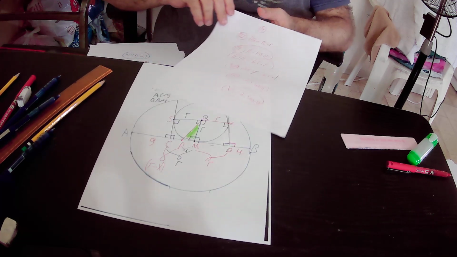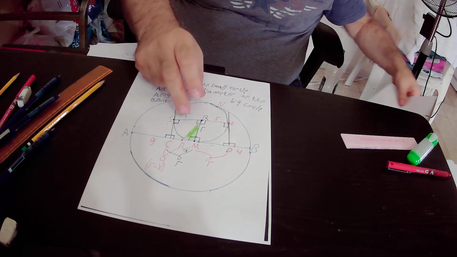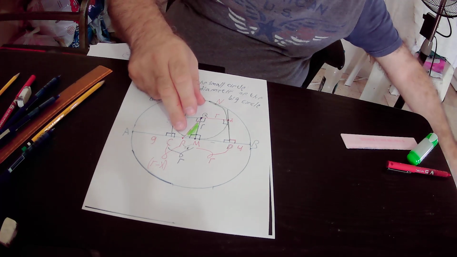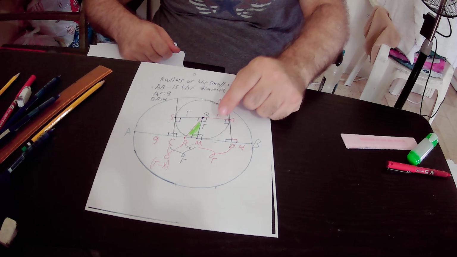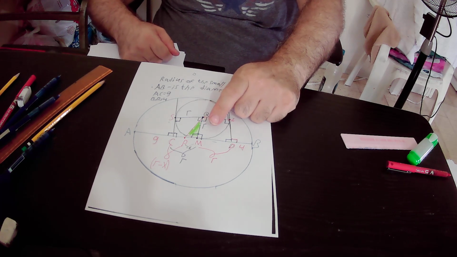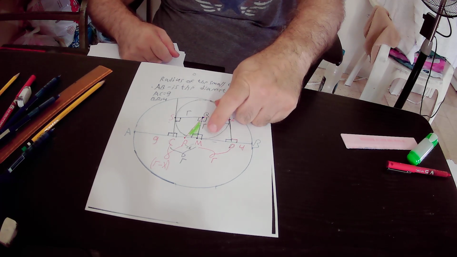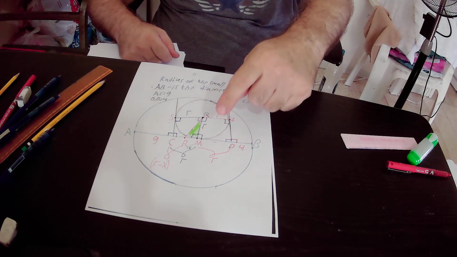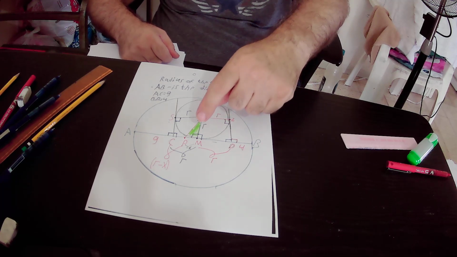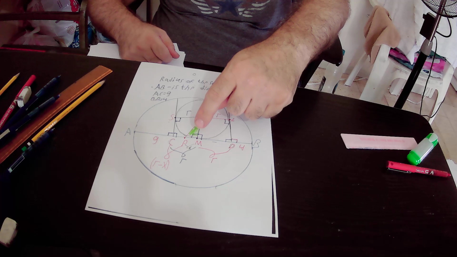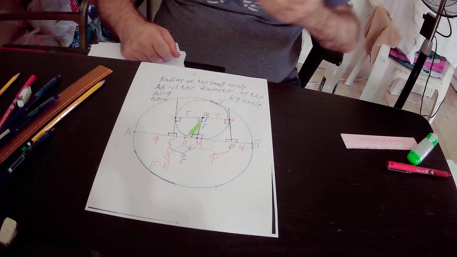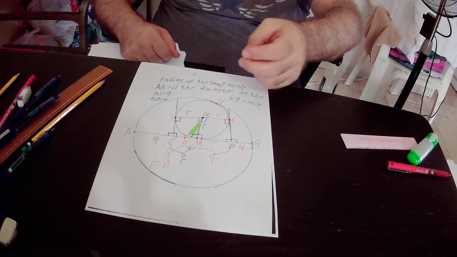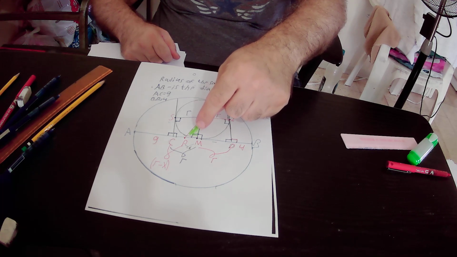Okay, so here we connected together points P and Q by a straight line, and the green triangle is a right triangle because angle QMP is a right angle. Therefore triangle QMP, the green triangle, is a right triangle. So we can implement the Pythagorean theorem in the green right triangle QMP.